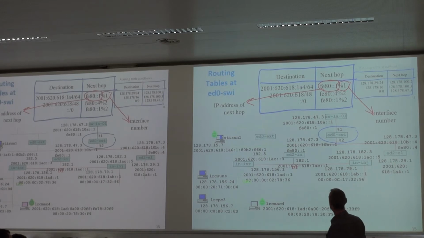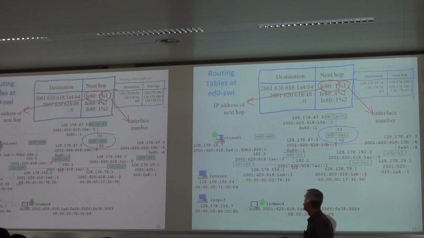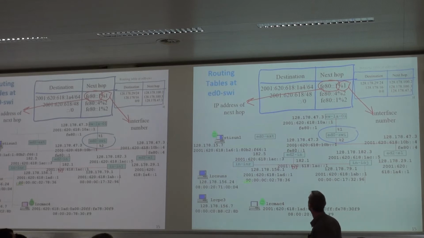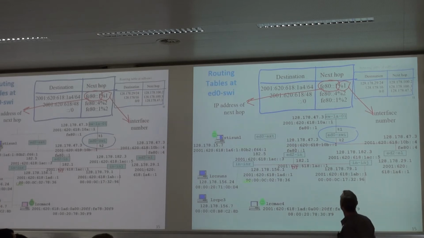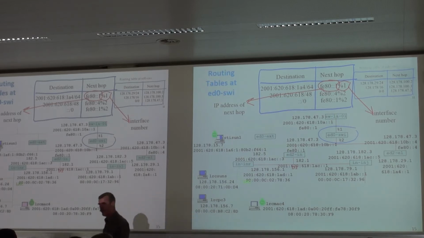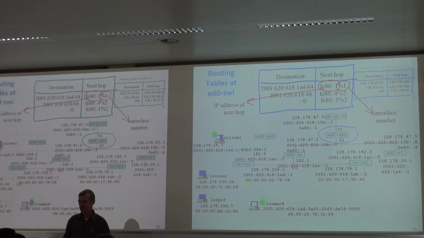Here I'm showing the routing table of the router, and it shows that for this prefix, so the top prefix means a specific local area network, this one, the next hop is FE80, etc., %1.